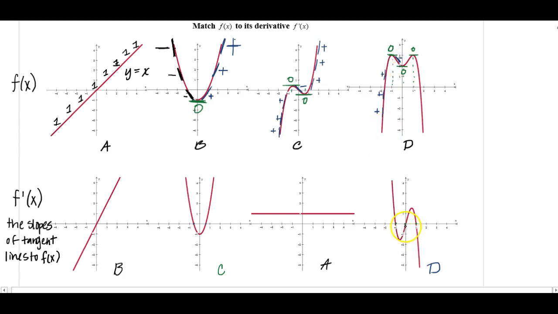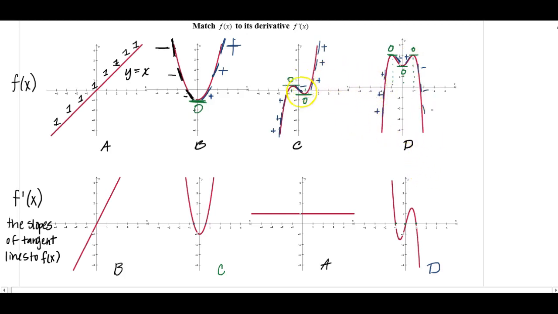So between -1 and 0, I'm below the x-axis. And then from 0 to 1, if I draw a tangent line, I have positive slope just between 0 and 1. So here I am above the x-axis, positive slope. And then over here, now I have some negative slope. So I need to be below the x-axis once I cross that 0 value, that horizontal tangency point at 1.